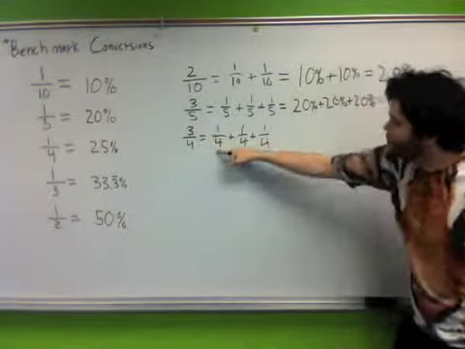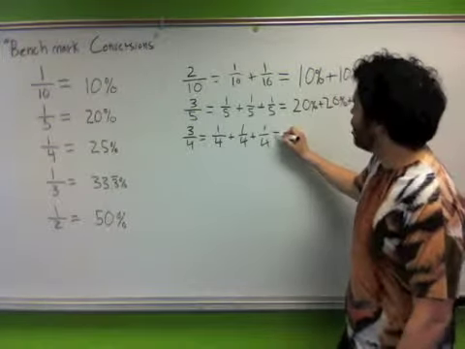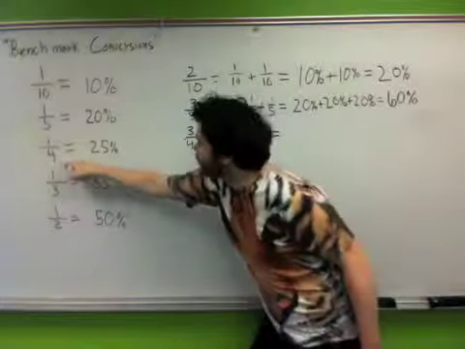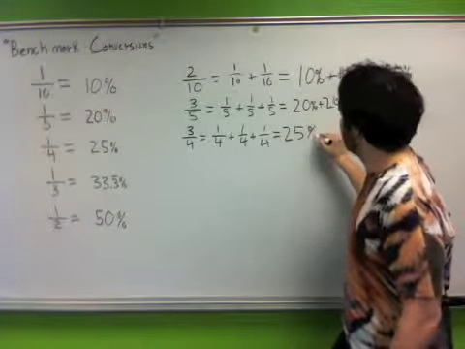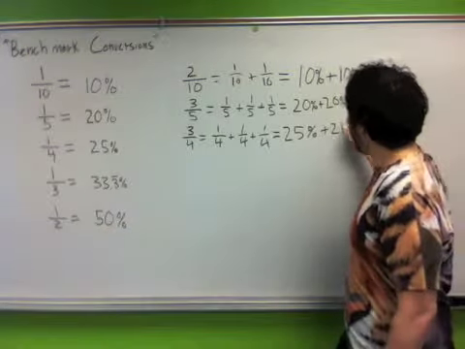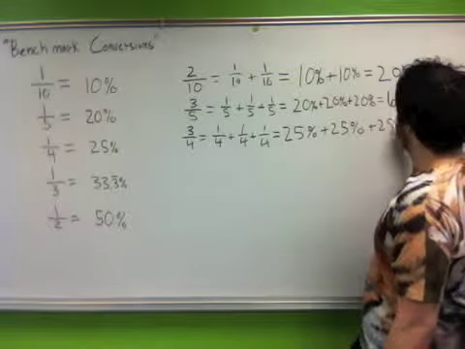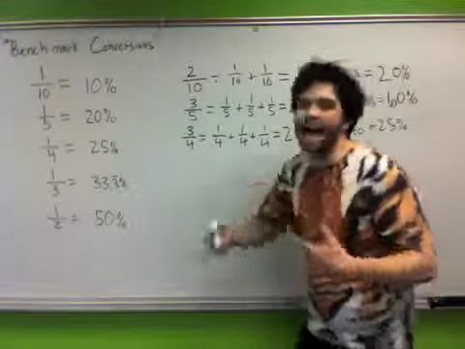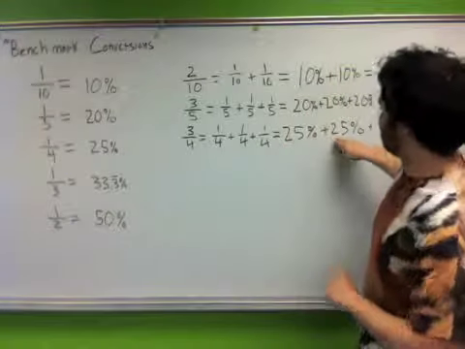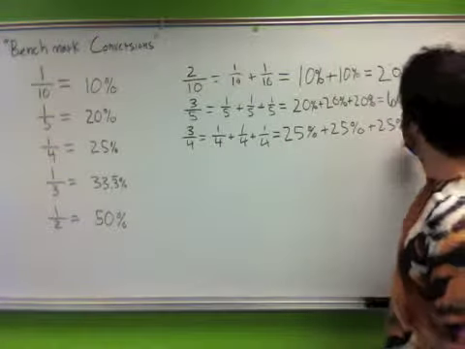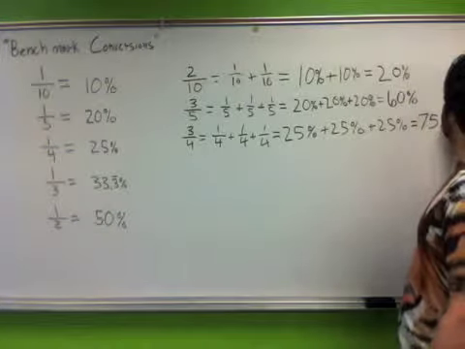I've got 3 1/4 pieces. Well, 1/4 is 25%, so I've got 25% plus 25% plus another 25%. And we know that adding percents works just like whole numbers, right? 25% plus 25% plus 25% is going to be equal to 75%.